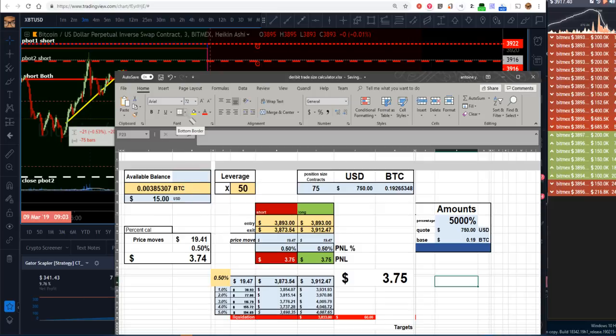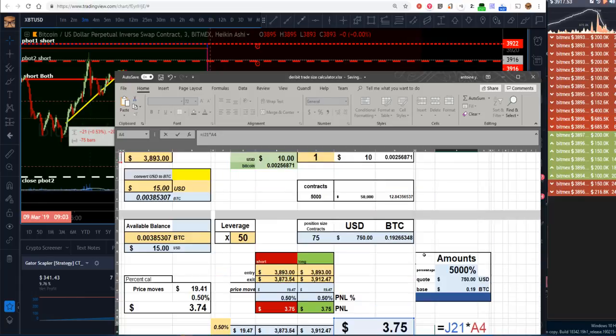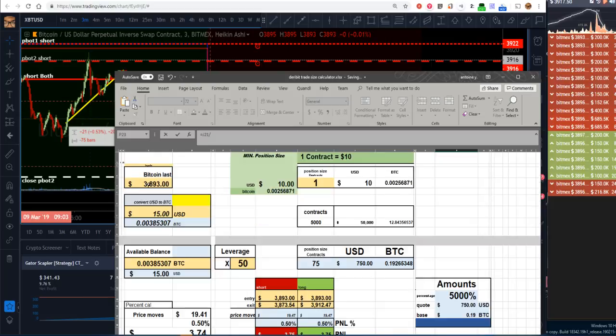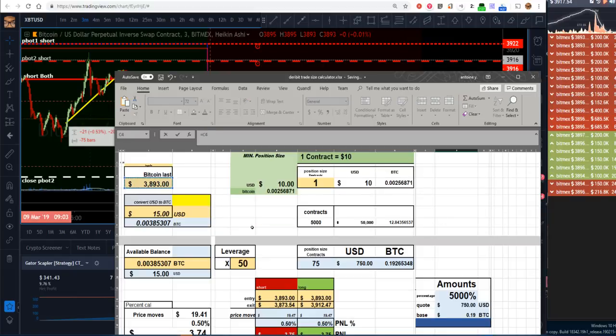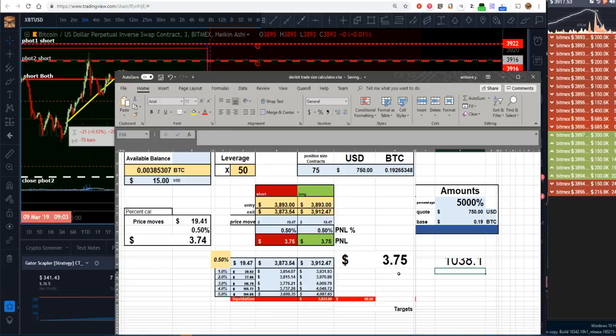And then we're going to put in there an equal sign, and this times the price of Bitcoin. I think I'm doing this right. It might be division. Let's try this again. Equal sign, this divided by the price of Bitcoin. Something like that. Equal price of Bitcoin divided by this equals, doing it wrong.